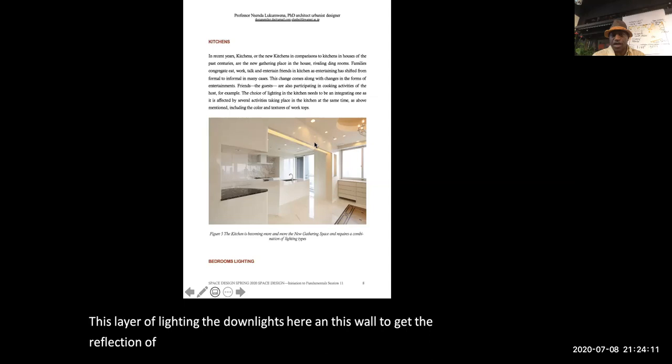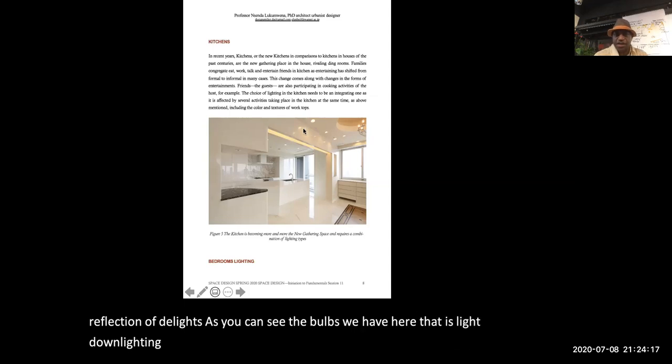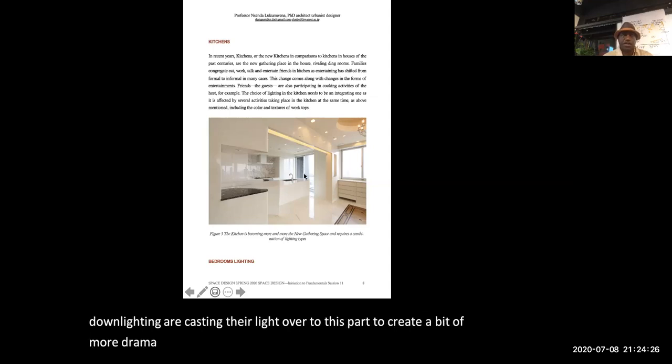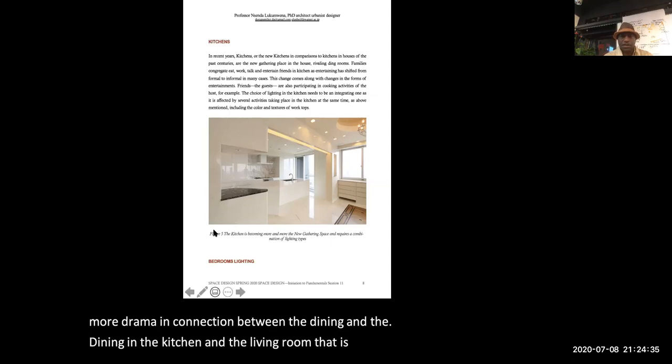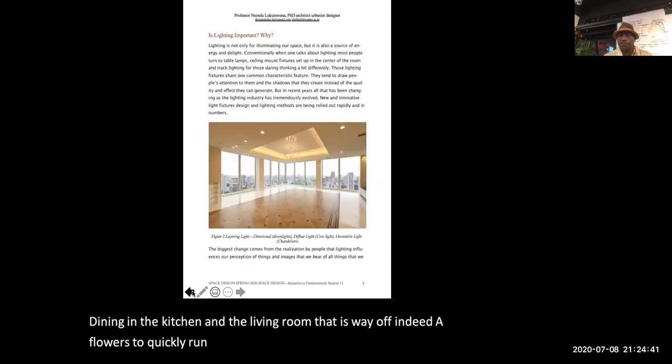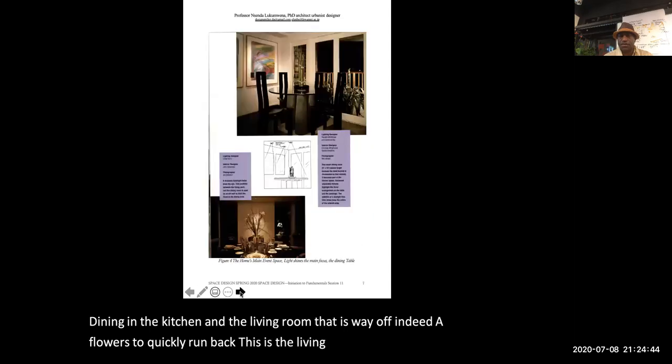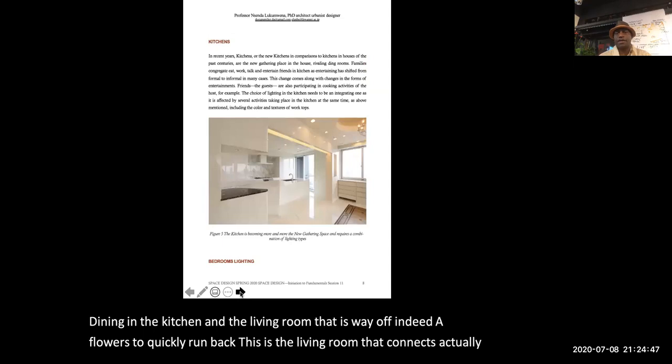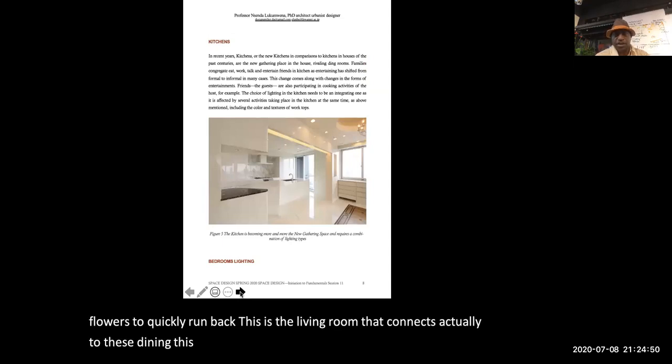As you can see, the downlights are casting their light over to this part to create a bit more drama and connection between the dining, the kitchen, and the living room that is way off. Indeed, if I were to quickly run back, this is the living room that connects to this kitchen, whose right side is occupied by the dining room.